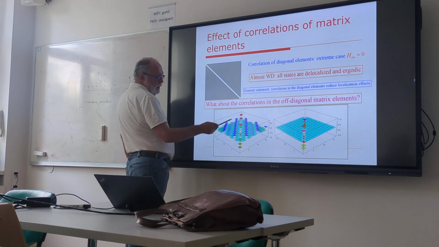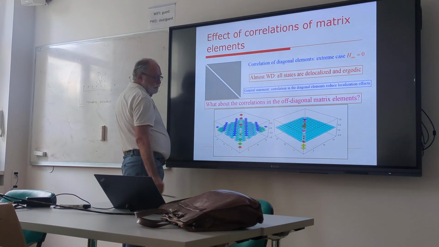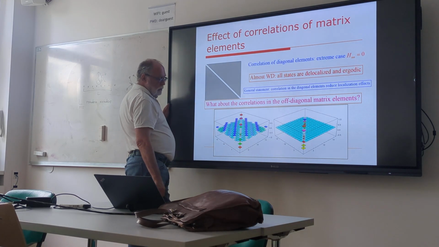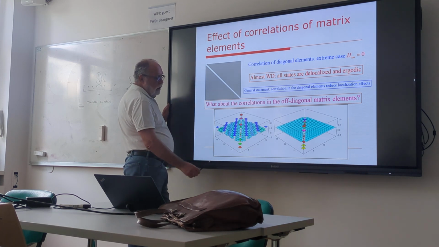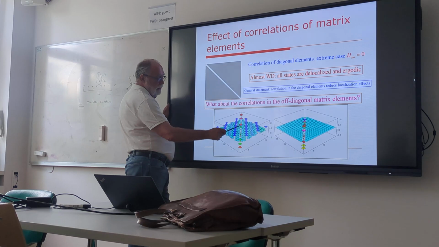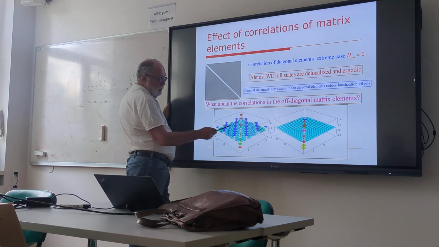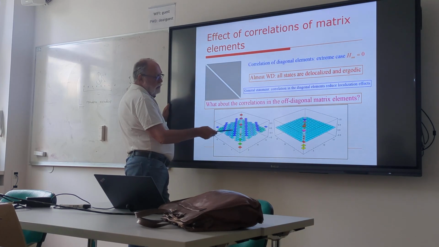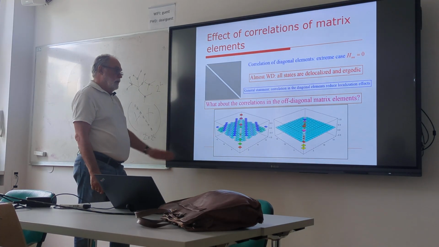So they are the same along the diagonal, but not the principal diagonal. Along the diagonals at some distance from the main one. So all the off-diagonal matrix elements the same, but if I take the neighboring diagonal, it will be different and independent from this one.